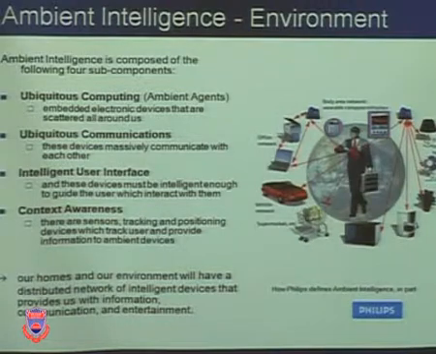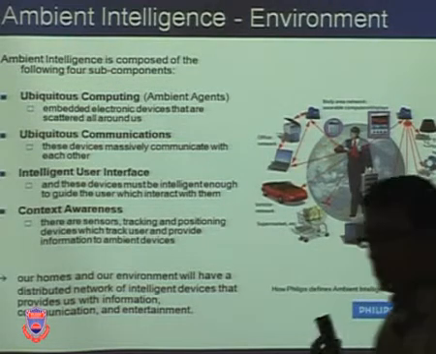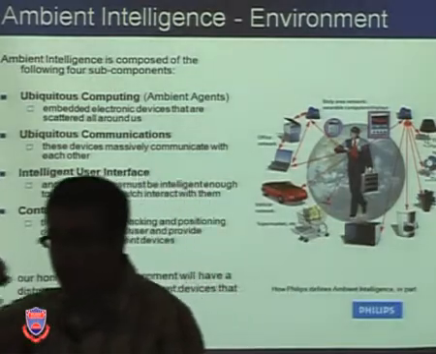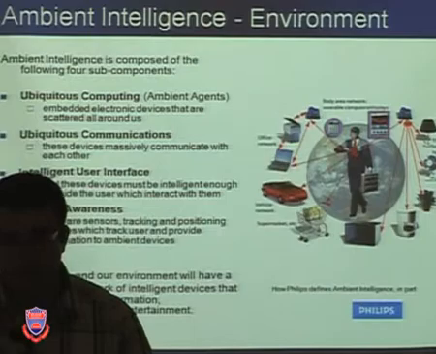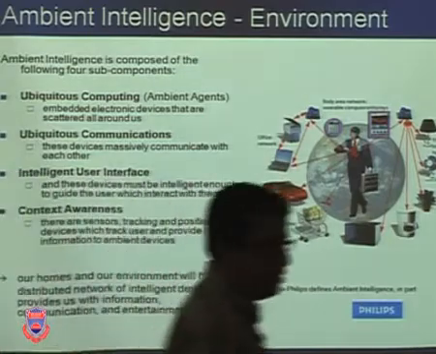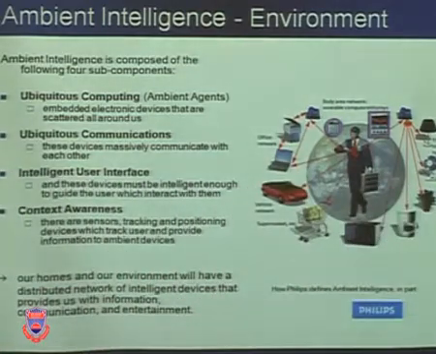These devices have intelligent user interfaces, and there are sensors everywhere. So the sensors are aware of the devices, the devices are aware of each other. So intelligence everywhere. This is the context.